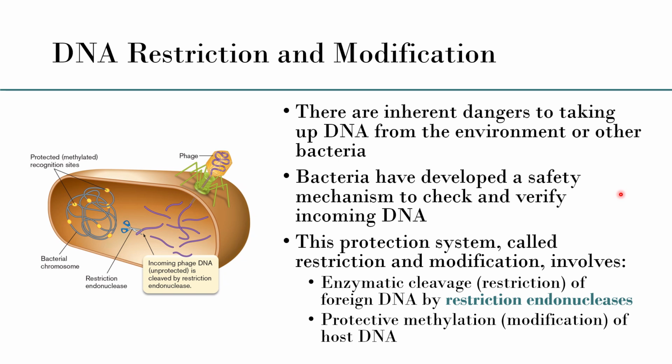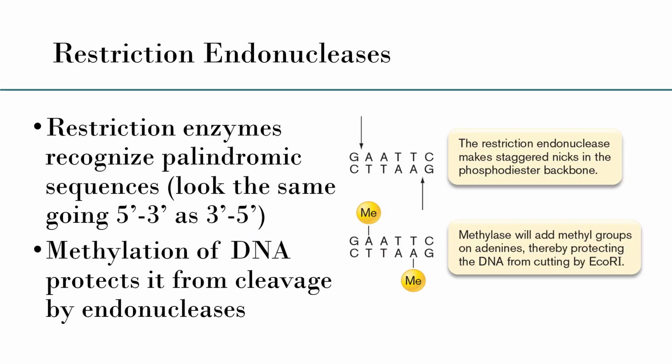And this can include restriction endonucleases that will recognize certain sequences in DNA and destroy it, or protective methylation, where we say that the bacteria methylate their DNA, and that's how they tell a difference between their DNA and viral DNA, and then they can target the viral DNA for destruction.